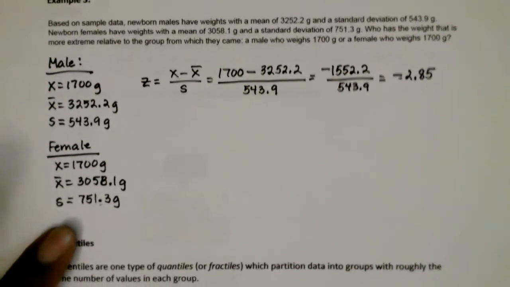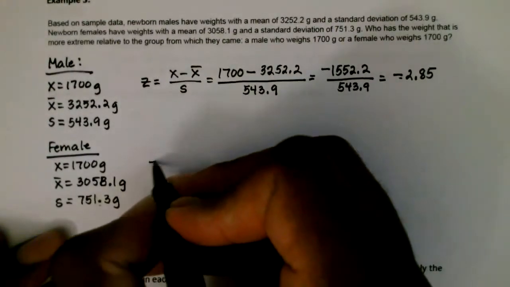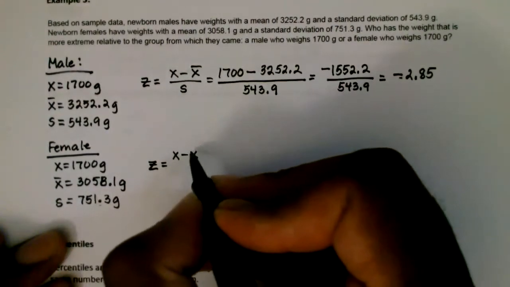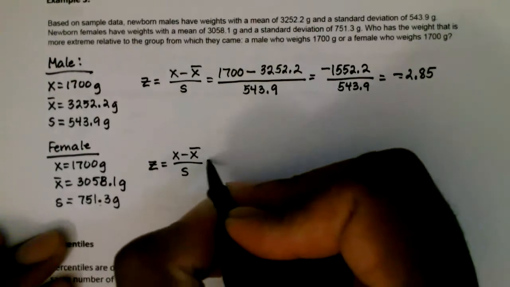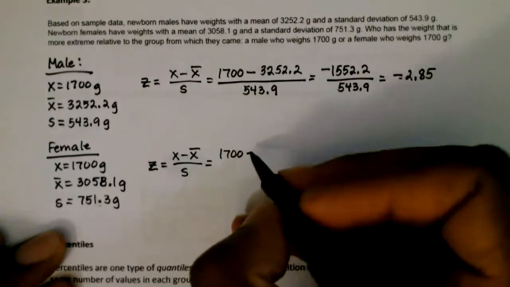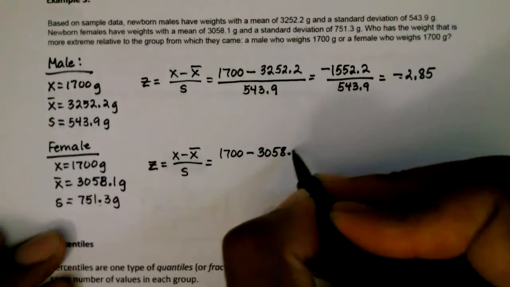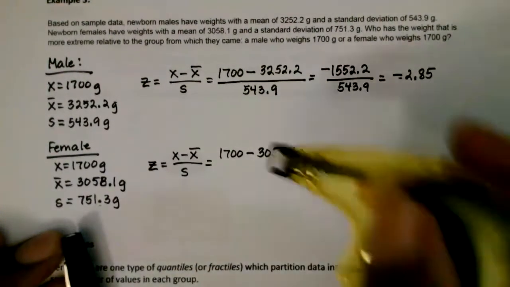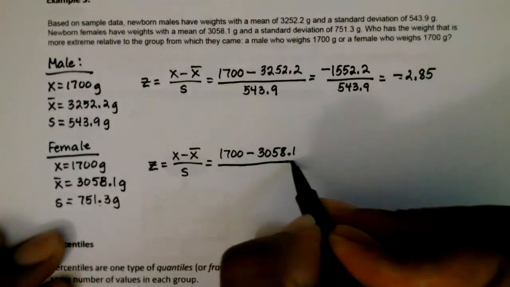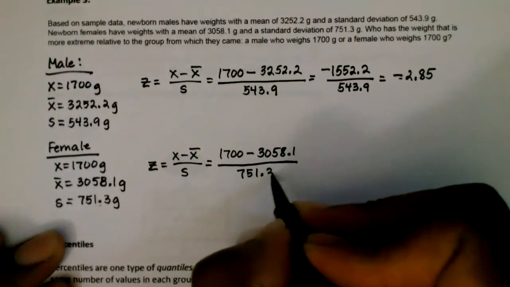I want to find out what the z value is going to be for a female weighing 1,700 grams. I still use z is equal to x minus x bar divided by s. Your x is 1,700 minus x bar, 3,058.1, divided by the standard deviation of 751.3.